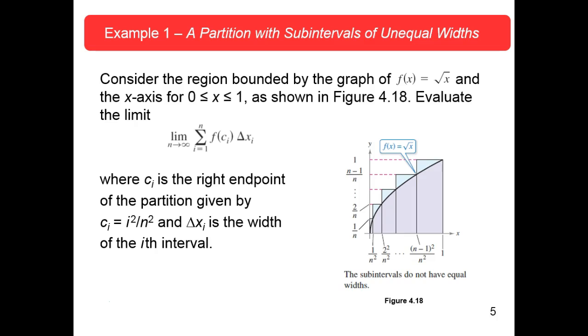It's what we were doing at the end of the last section with the midpoint formulas. This time c sub i is the right endpoint, not the midpoint, of the partition given by c sub i equals i squared over n squared. And delta x sub i is the width of the interval.